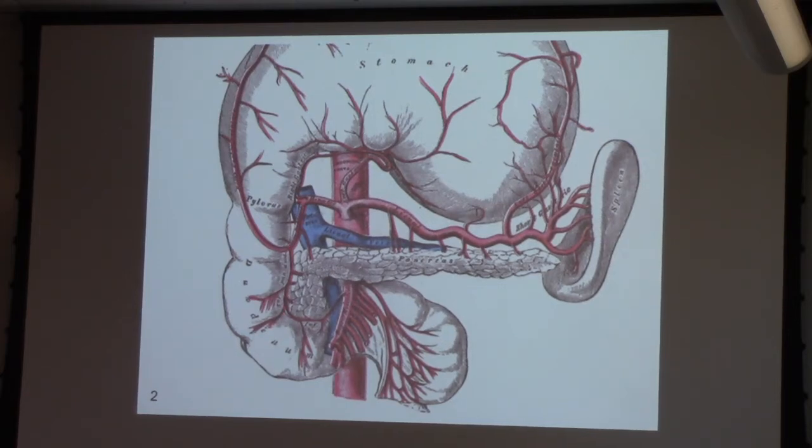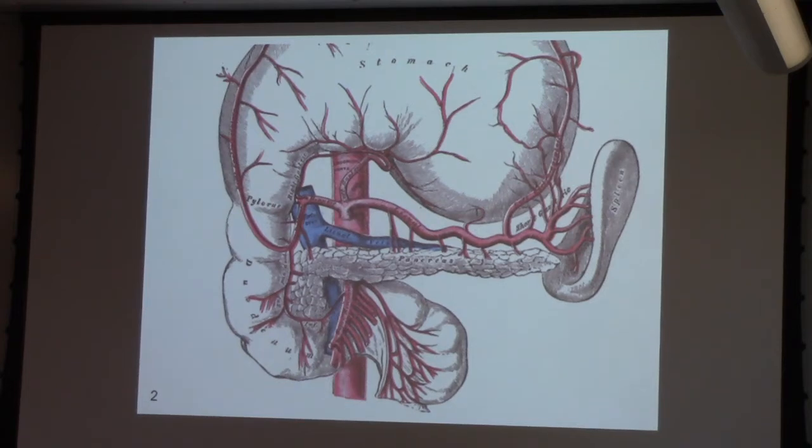Splenic artery, going to the spleen and to the pancreas. I don't think anybody named the abdominal aorta yet. That's right, that's the abdominal aorta.